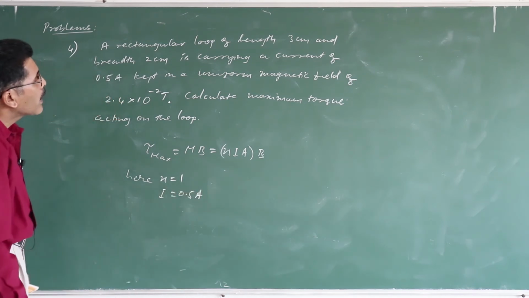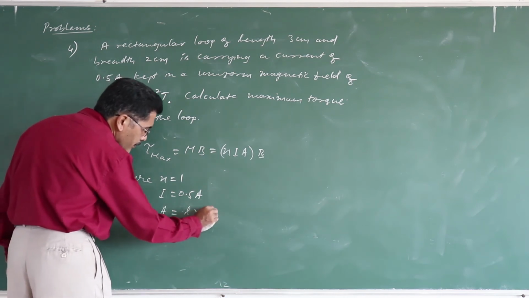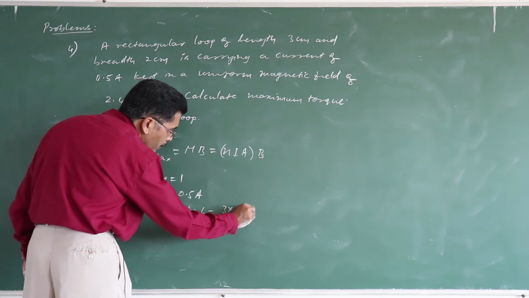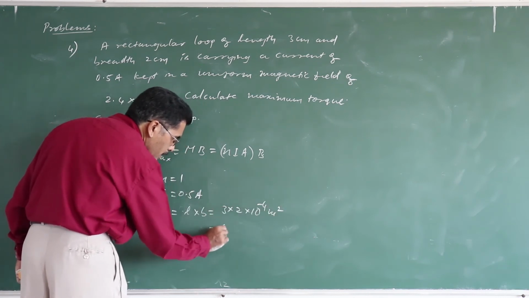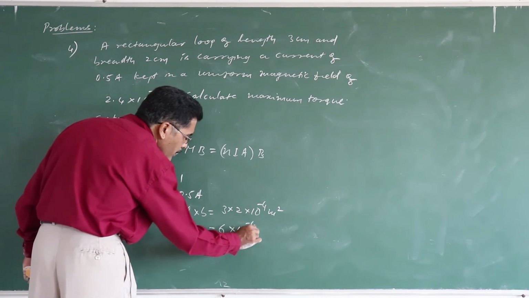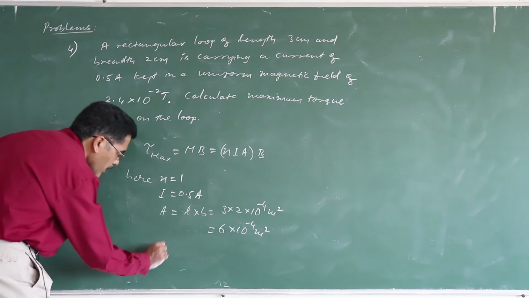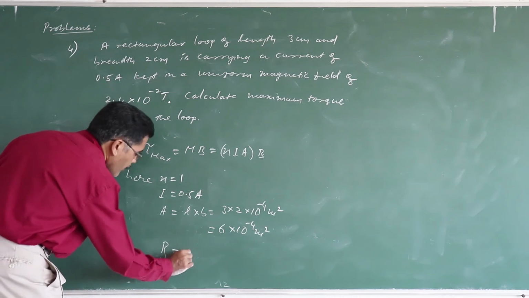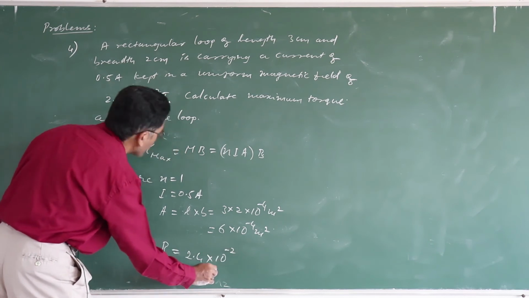What is the area? Area is equal to length into breadth, 3 into 2 into 10 raised to minus 4 meter square. This is 6 into 10 raised to minus 4 meter square. And what is the strength of the field? B is equal to 2.4 into 10 raised to minus 2 Tesla.